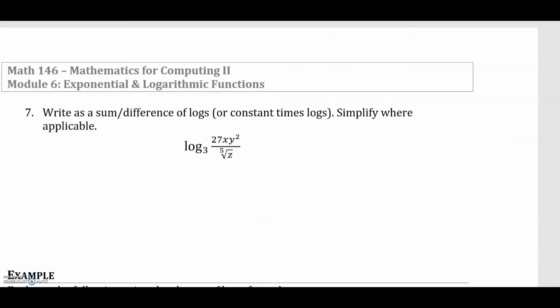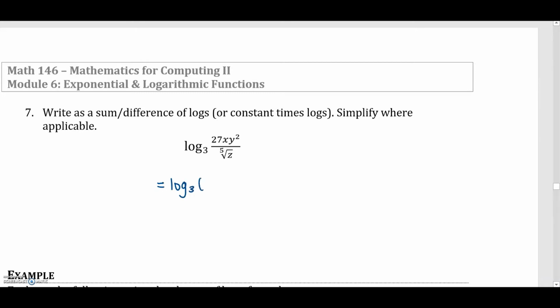And in question 7, we want to expand out this logarithm to be a sum or difference of logs, as well as constants multiplied by logs where applicable. So we have log base 3 of 27 times x times y squared divided by the 5th root of z. First, we can take everything that is a product and write it as a sum of logs.